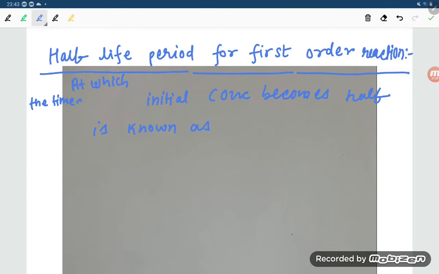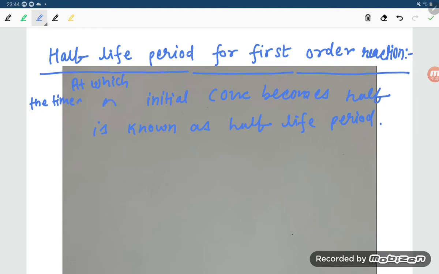Okay student, the time at which initial concentration becomes half is known as the half-life period, right?